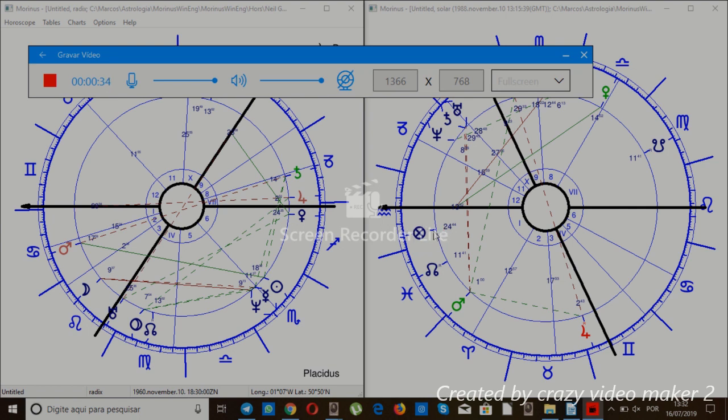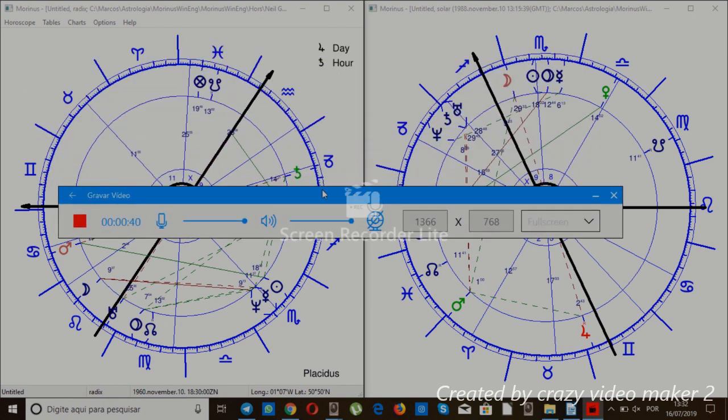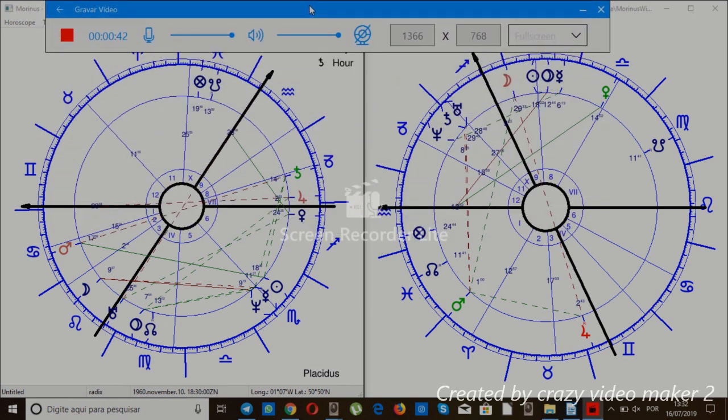Fortuna is very closely conjunct the natal 10th house. Sorry. The natal 10th house is at 25 Aquarius. Fortuna is at 24. So this is a very emphasized chart.